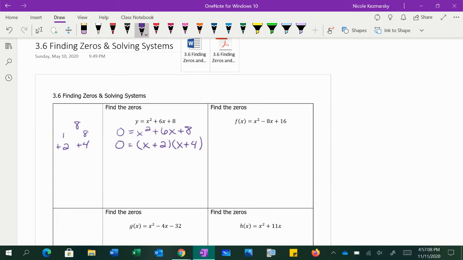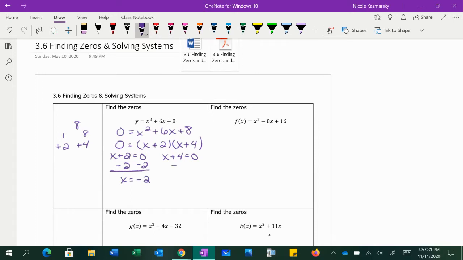And then to solve with this equal to 0, we're going to set each set of parentheses, so x plus 2 and x plus 4, equal to 0. And then we're going to solve. So we're going to subtract 2 to get x equals negative 2.